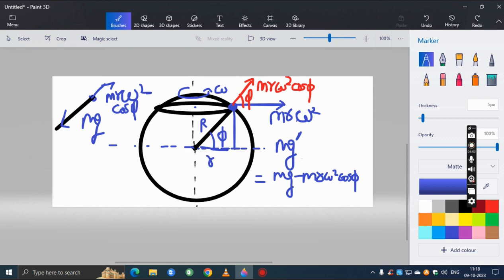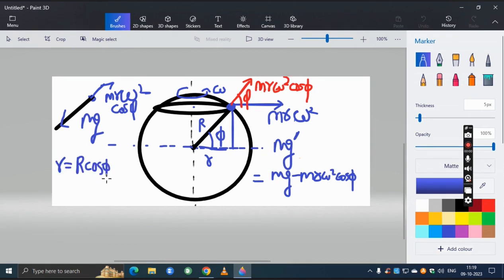So cos phi is just going to be small r upon capital R. So small r is R times cosine of phi. Now we can cancel m. So we get g dash is equal to g minus, instead of small r, I can write capital R cos phi, times omega square cos phi, so R omega square cos square phi.